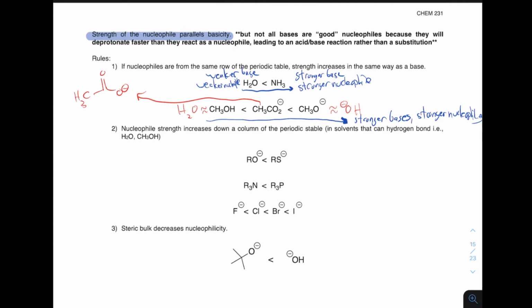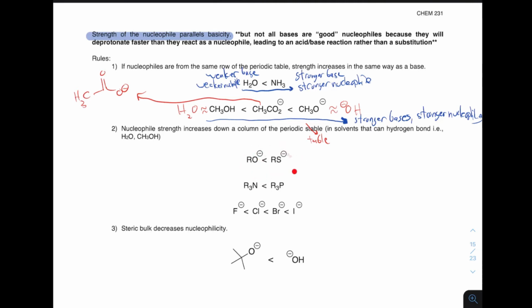And so next up, when we look at the nucleophilic strength increasing down a column in the periodic table, we find that the nucleophilic strength increases, right? And so why is that?